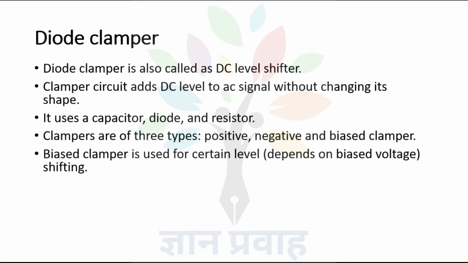Clamper circuits are further classified into three categories: positive, negative and biased clamper circuits. Biased clamper circuits are used for certain levels. It means it depends on the bias potential; depending on the bias potential, the amount of input signal shift changes.